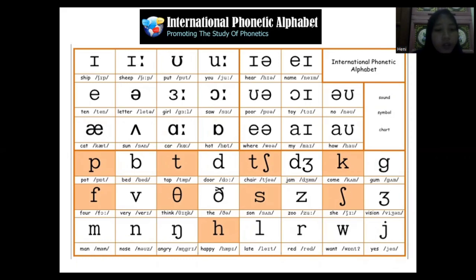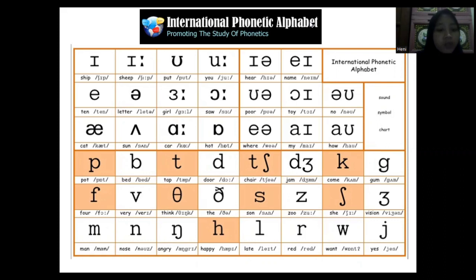Next are long vowels. First, the sound in sheep includes front vowels, for example, sheep. Next, the sound in you includes back vowels, for example, you.